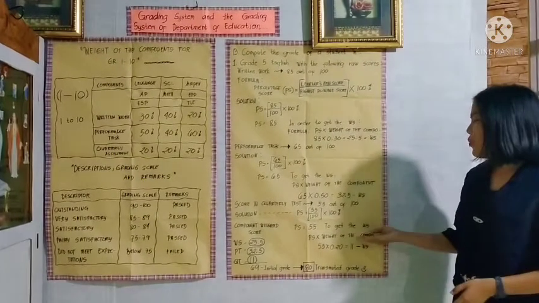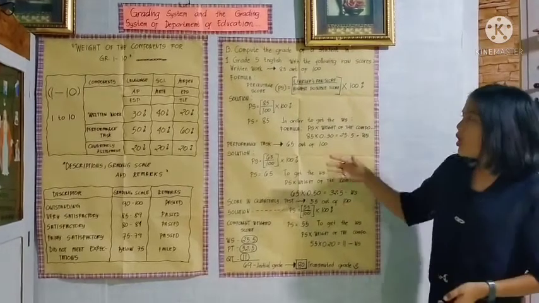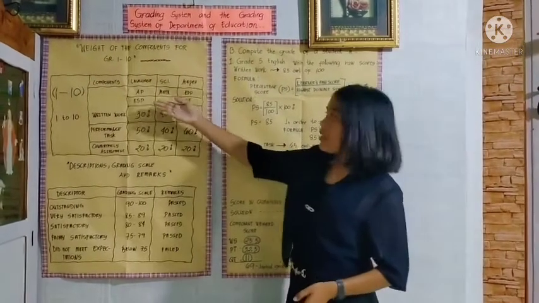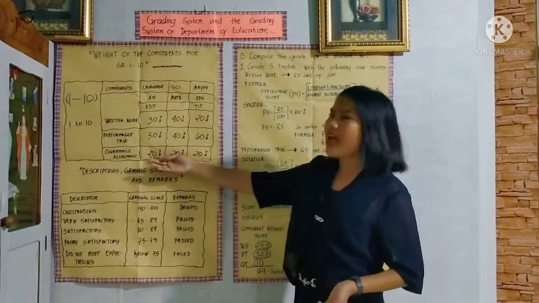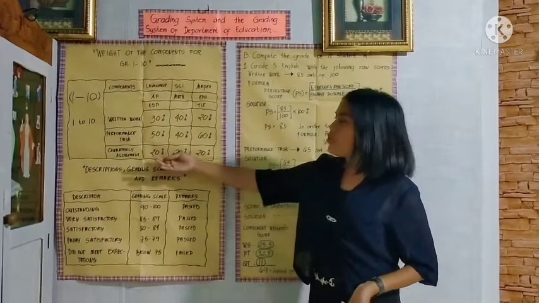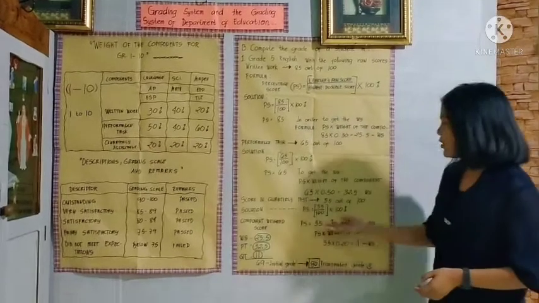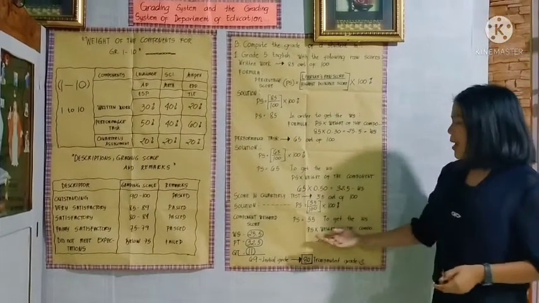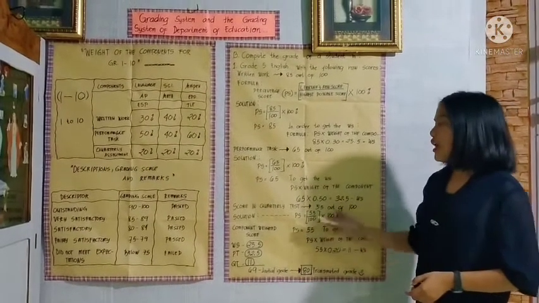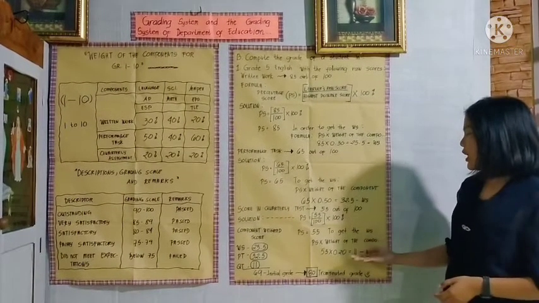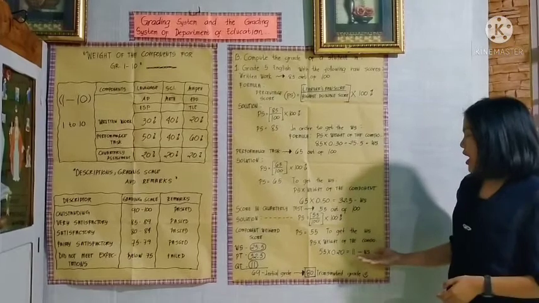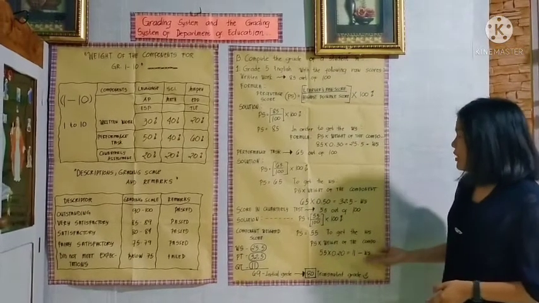Now to get the weighted score, we look here at the subject English for how many percent. We have 20% for quarterly assessment. So we multiply that by the percentage score in the quarterly test. 55 times 0.20 equals 11. So this is the weighted score.